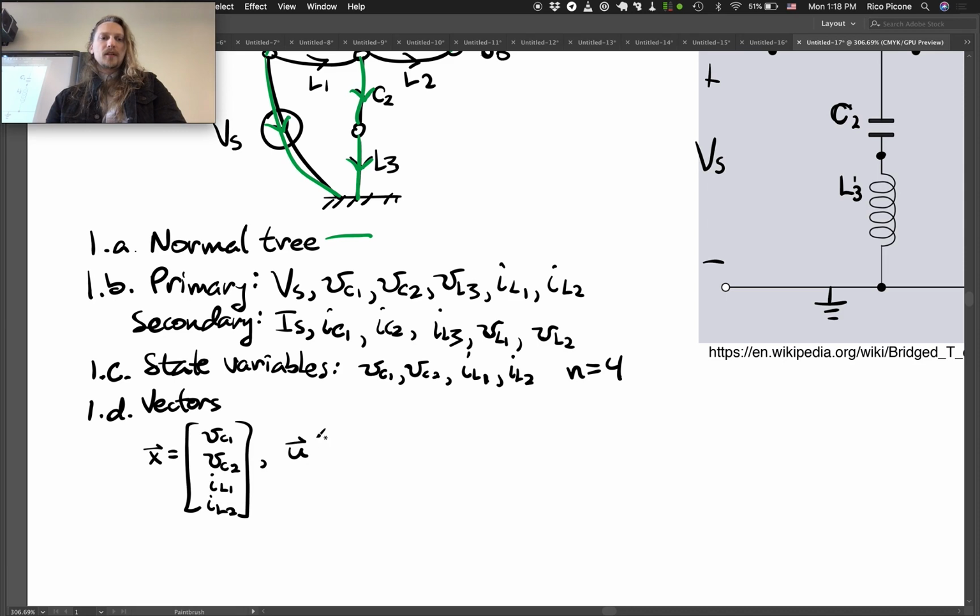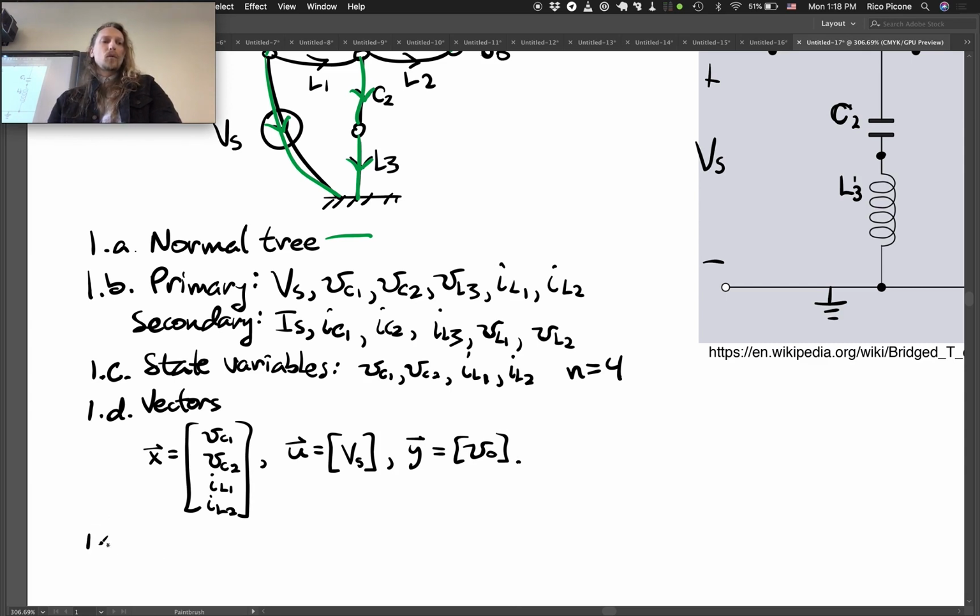Our input, we only have one input, right? Just Vs, one vector. And then our output, we're just going to call it Vout for now, and we'll return to that when we write it in our standard form at the end.